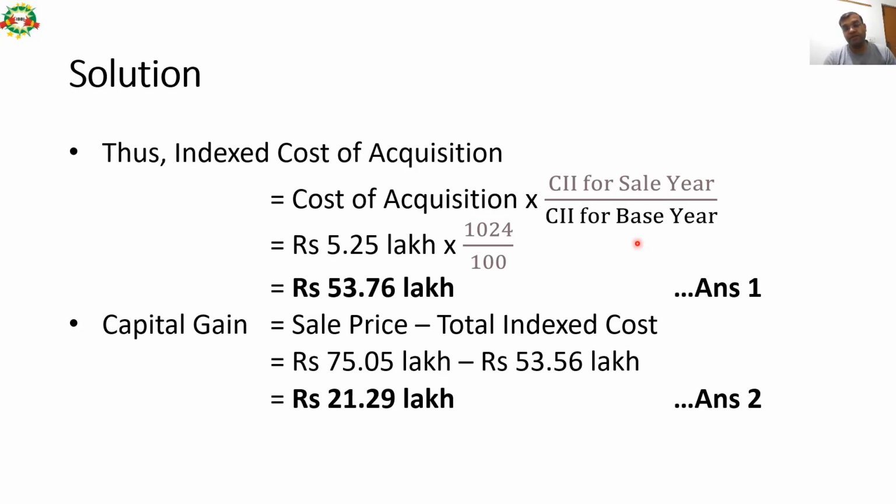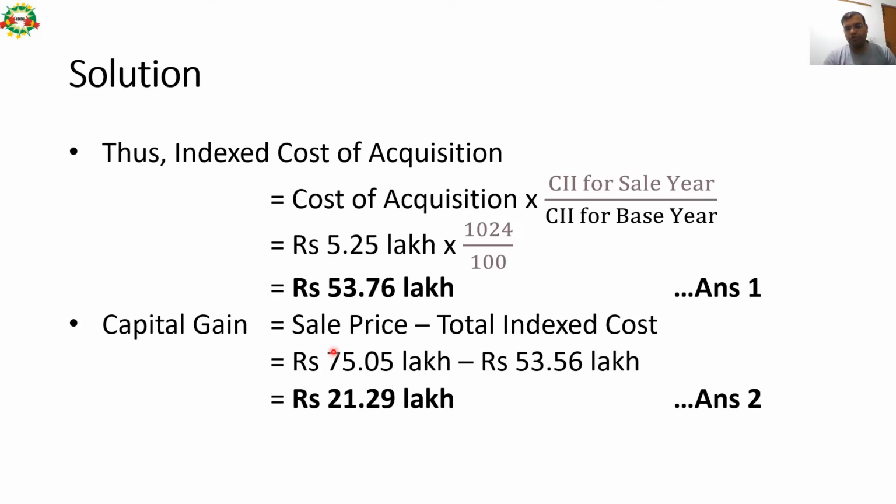Since the base year is later, we take the cost index for the year of acquisition or base year, whichever is later. So here the base year is later than the acquisition year. So the index cost of acquisition is equal to 5.25 lakh multiplied by 1024 divided by 100. It is equal to 53.72 lakhs.